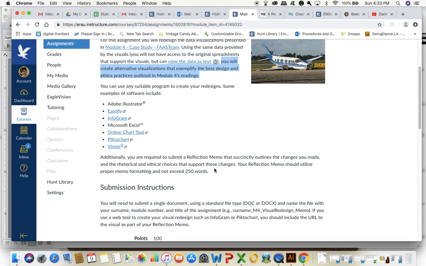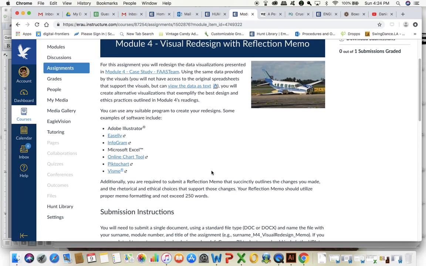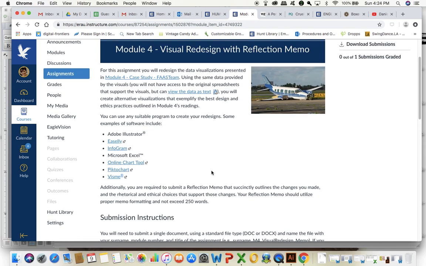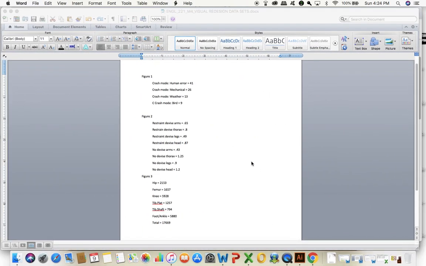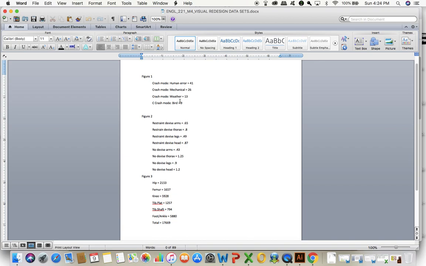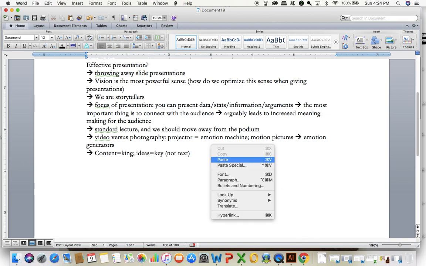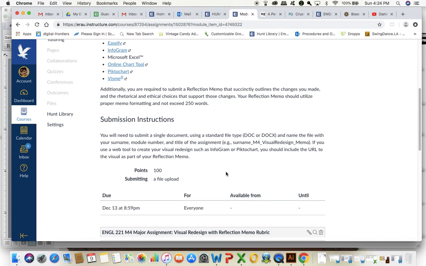So what this should look like when you turn it in is you should have 3 visualizations that use the data from that case study. And then you have to talk about what you did and why.